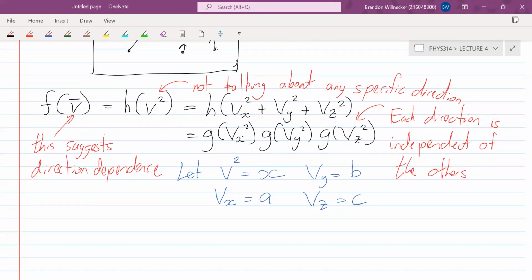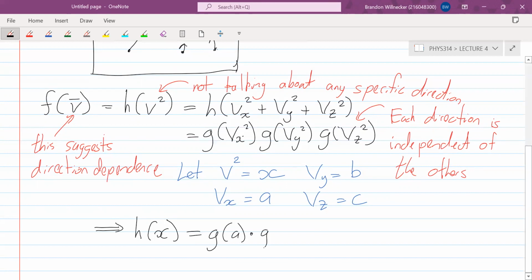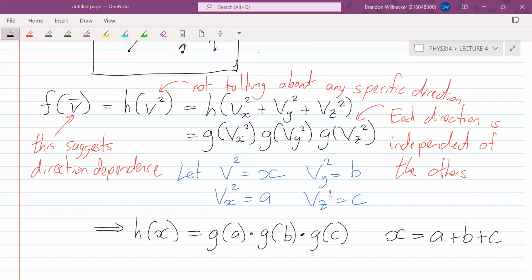So we can rewrite this as h of x, which is what we're trying to find, is equal to g of a times g of b times g of c. And we know that x is equal to a plus b plus c. Okay, so is anyone lost with this change of variables?